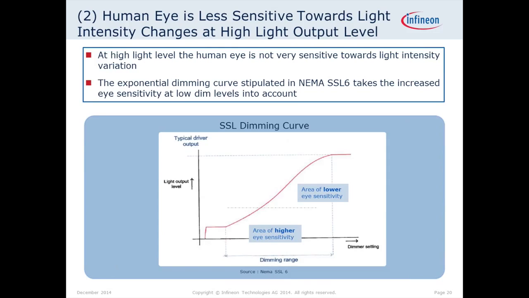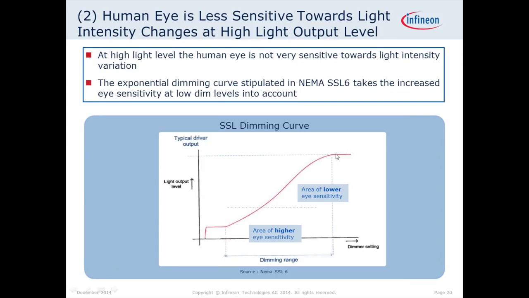Now, let's move a little bit away from the technical topics, to the human aspect. What do we perceive? I chose to share with you this SSL dimming curve for the NEMA SSL 6. This is done for dimmers, but the principle helps a lot to understand how the human eye reacts to light output, what we perceive.